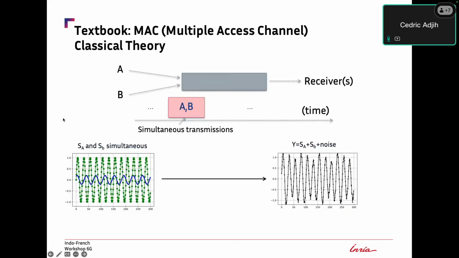Here it's A, and you can subtract the reconstructed signal from the initial signal that you received, and you get something which, if you did everything well, is what B sent, and then you can recover B. So this is successive interference cancellation.